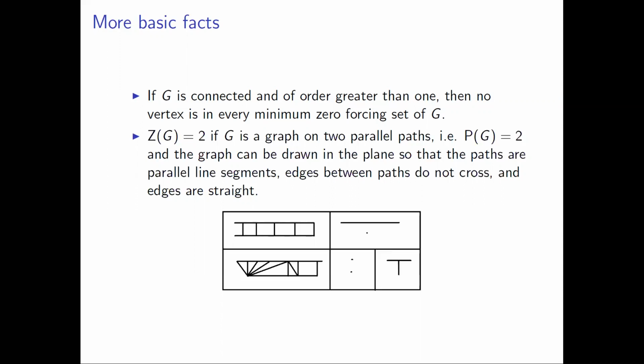And I've drawn several graphs on 2 parallel paths at the bottom of this slide. You can see that all the edges between paths are straight. You can see that some of these paths only have a single vertex. All of these graphs will have zero forcing number of 2.